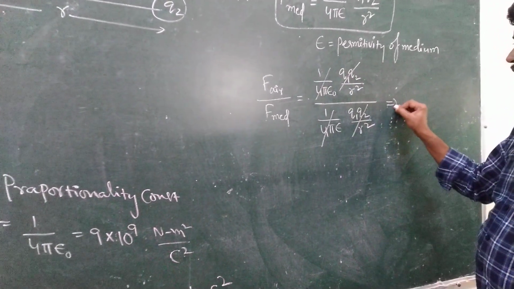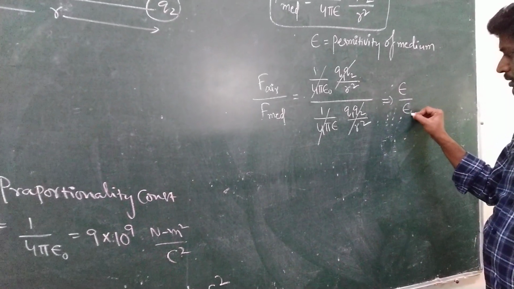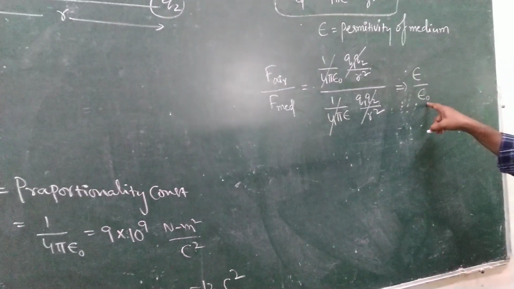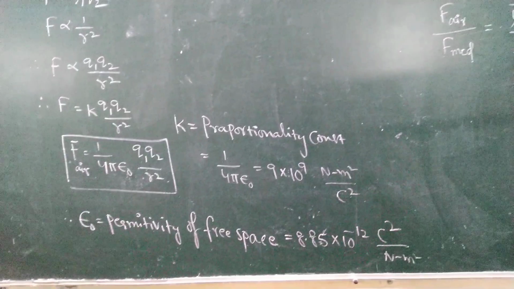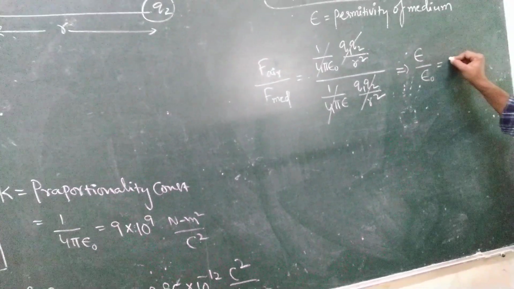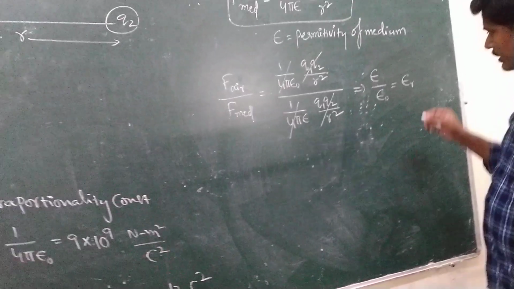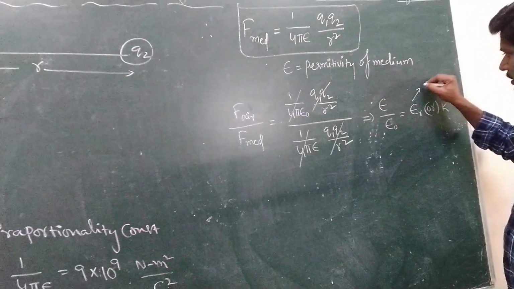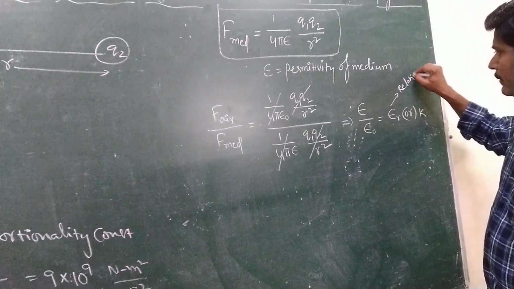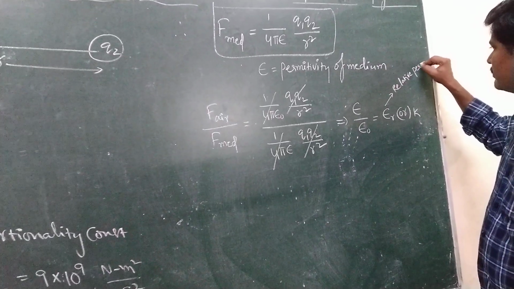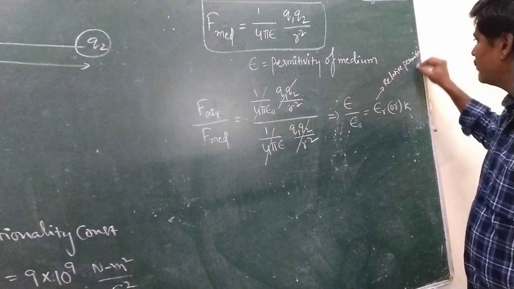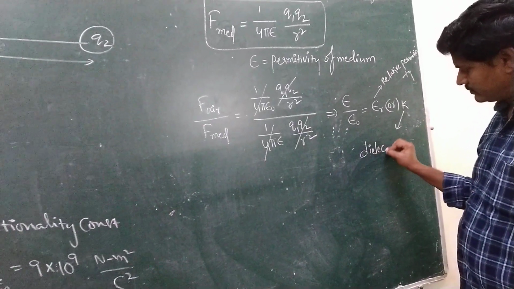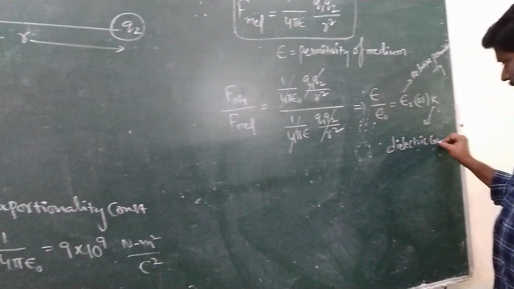Then what we get is epsilon by epsilon naught. Epsilon is the permittivity of the medium, epsilon naught is the permittivity of free space. The ratio is called relative permittivity. It is also called dielectric constant.